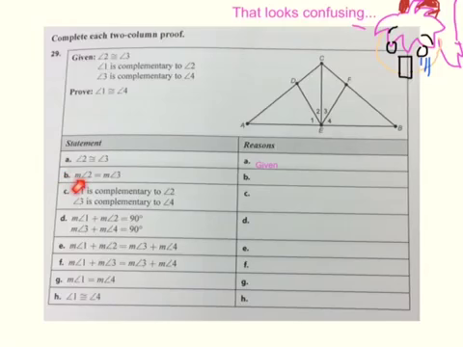For part B, we have the measure of angle 2 is equal to the measure of angle 3. So it's saying that the measure of this angle and this angle, they are equal. So they are exactly the same. They are symmetric. So we would put the symmetric property of equality.